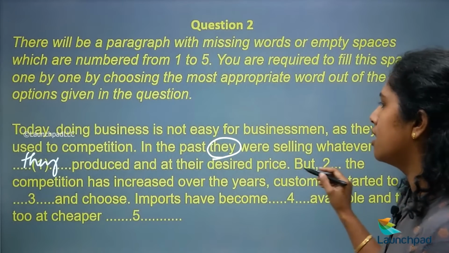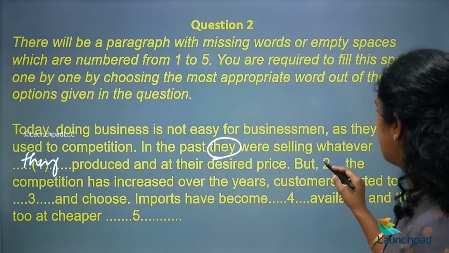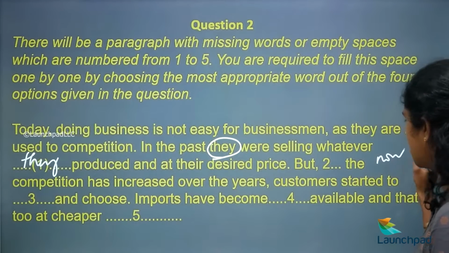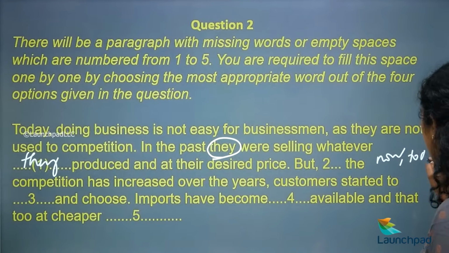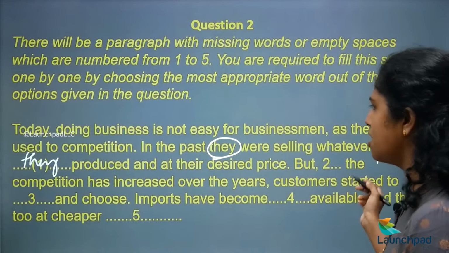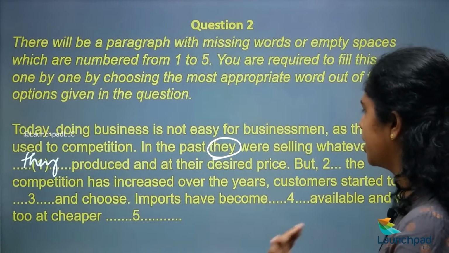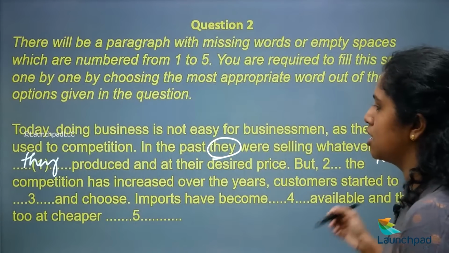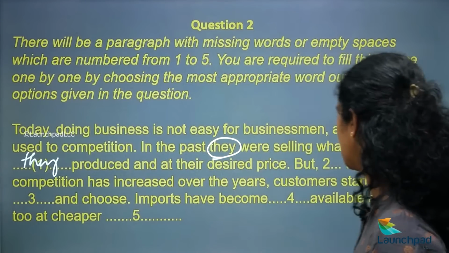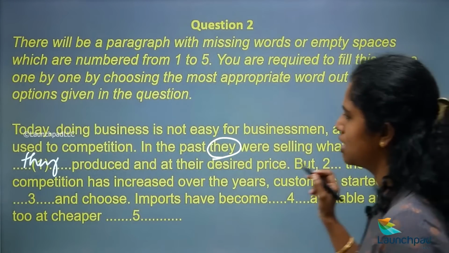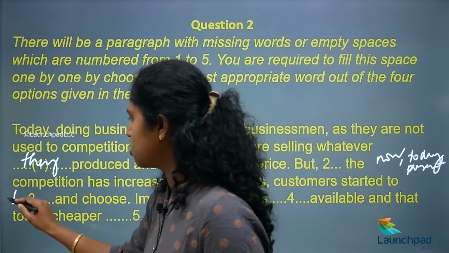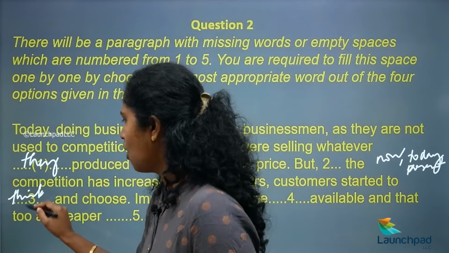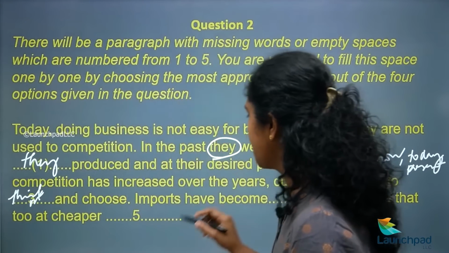But the competition, so second, but maybe now the competition, or today the competition, yes, or at present the competition, it can be something like that. So, but dash the competition has increased over the years. Customers started to dash and choose, okay. So, maybe customers started to think and choose, right, or plan, something like that, yes.